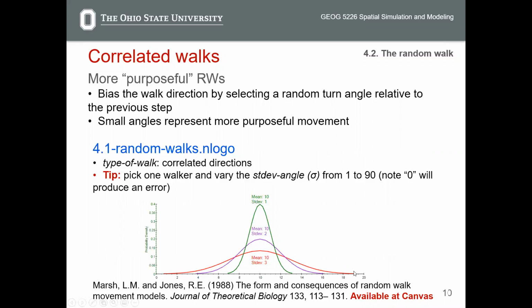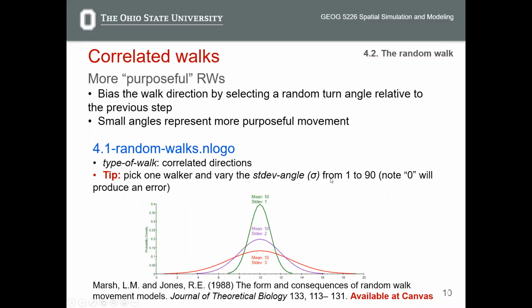So the possible turn angle for the next step could be very small or very large, which means that the next step is less purposeful, because the turn angle is not as stable as the turn angle you would choose from a normal distribution with a standard deviation of only 1.